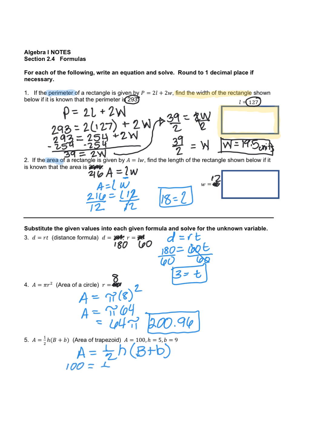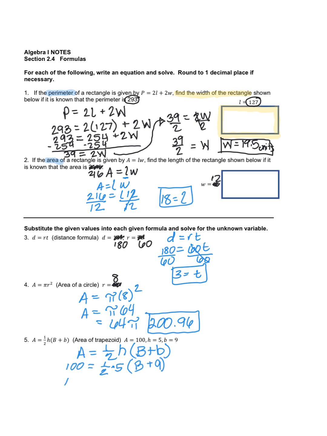equals 1/2 of H, which is 5, and then we have our capital B. We do not know what it is, but we do know that our lowercase b is a 9. So we can solve from here.